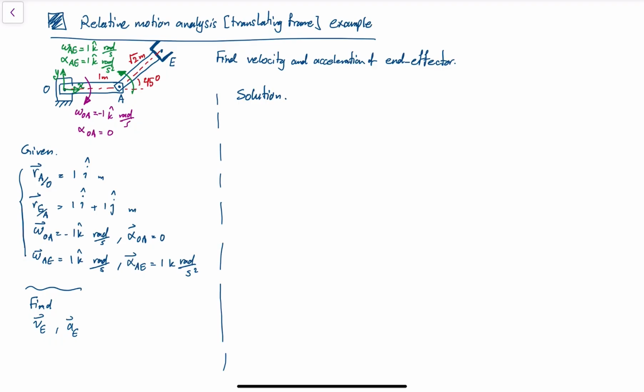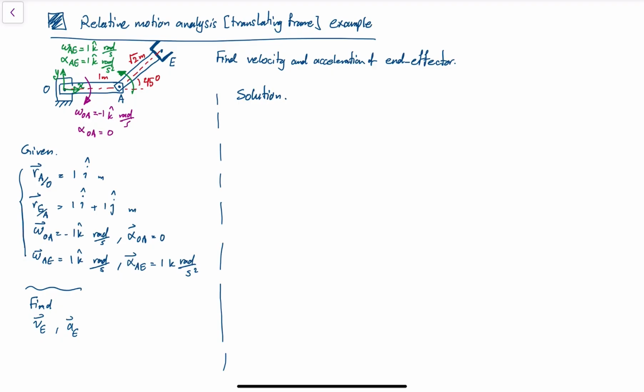So if for instance A was a stationary point, I could easily find the motion of E by just considering the rotation. But the problem is A itself, the center of that relative rotation of link AE, is moving on its own. So I need to use some relative motion analysis that will help me with the solution.